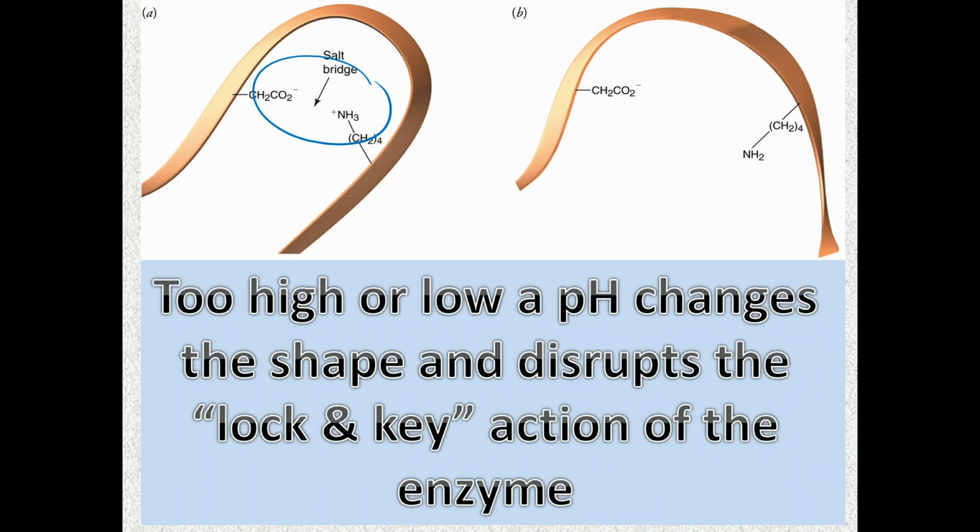The NH3+ bonds to the COO-, and it keeps that shape of the enzyme. If I go too high a pH, then I lose the H+ off the NH3+. If I go too low a pH, I add H to the COO-. And either way, I break that ionic bond.